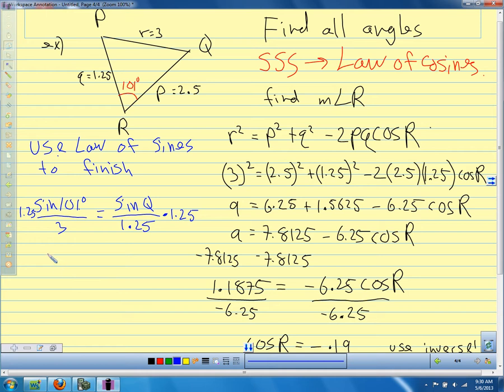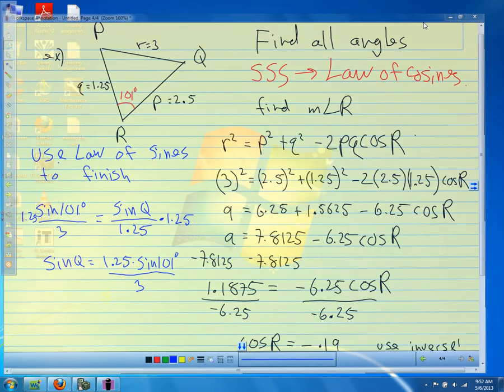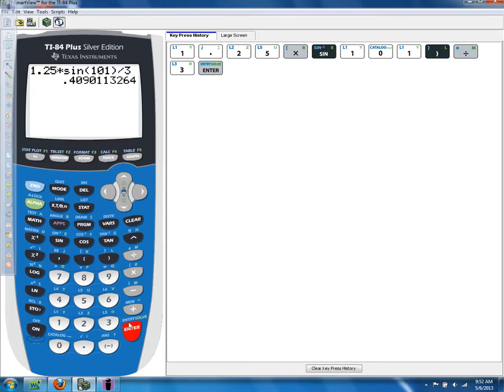So I get sine Q equals 1.25 times the sine of 101 divided by 3. So I want to show you how I put this into my calculator.